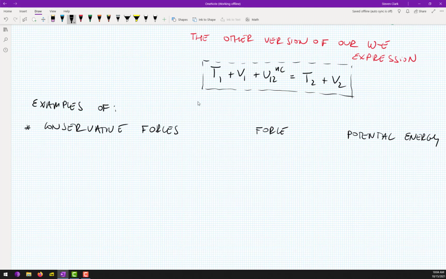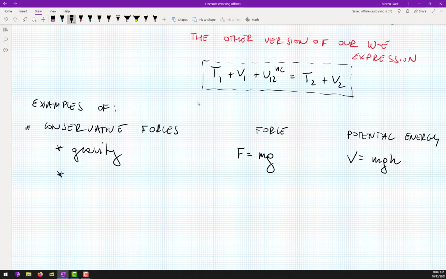What force can we classify as conservative? What force do you know that is for sure conservative? Spring. Okay. Let's start with gravity. Spring will be second. Gravity: we have mg. This is our force associated with gravity, and our potential energy will be mgh, where h is elevation, of course.